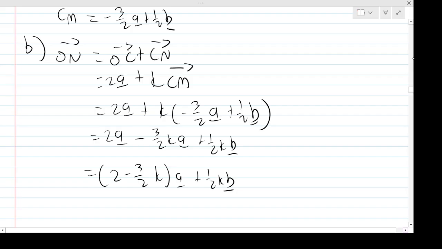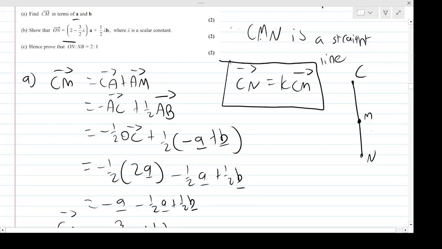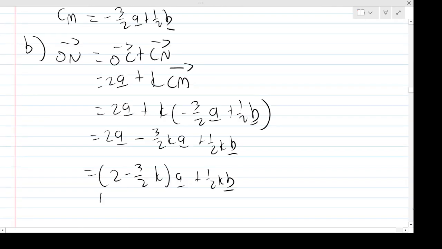Let's compare with my answer then. I have 2 minus 3 halves of this weird symbol, lots of A, add a half of this letter, lots of B. That's actually the same as my answer. My answer is in this exact form, but instead of this letter here, I have K. That's fine, it's just a letter at the end of the day.